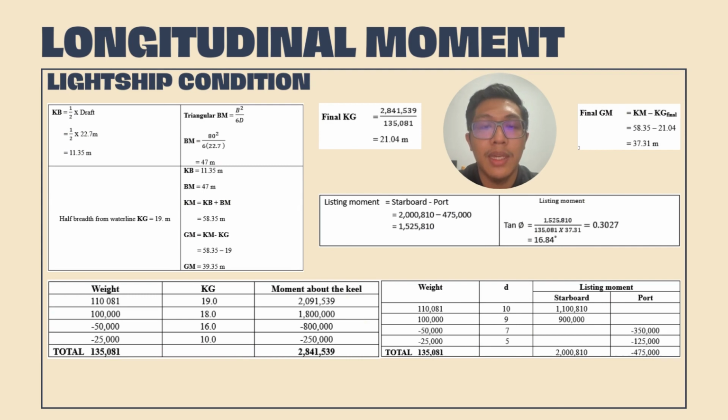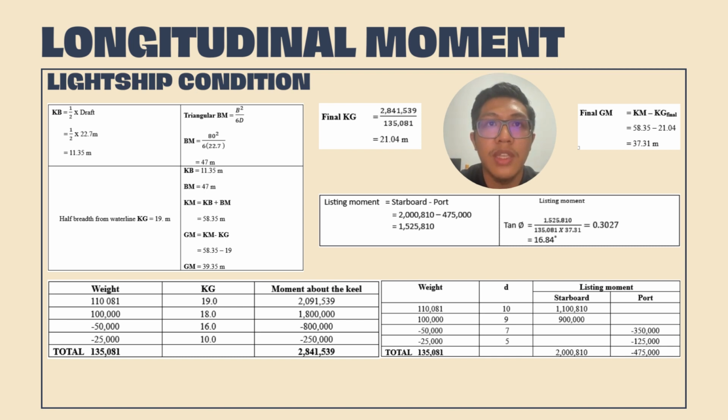Now I'm going to discuss the longitudinal moment of three different conditions. The first is the light ship condition. We use the formula KB equals half of draft, and then we got 11.35 meter. And then we calculate the triangular BM using the formula B squared over 6D.